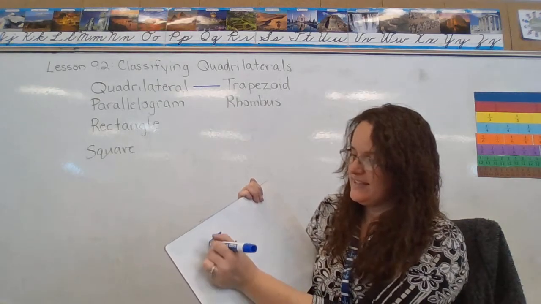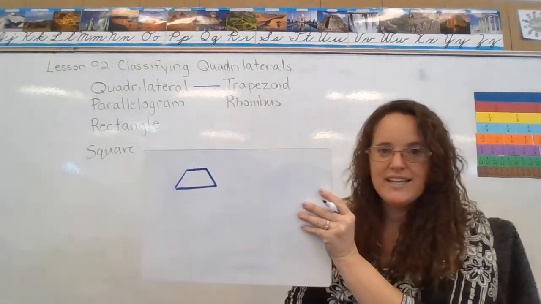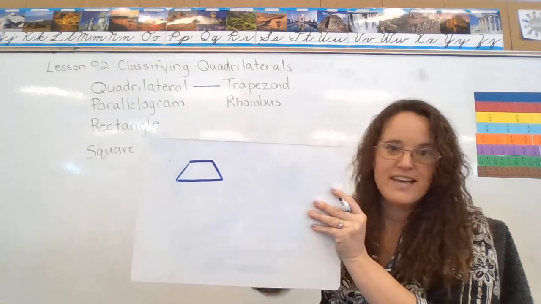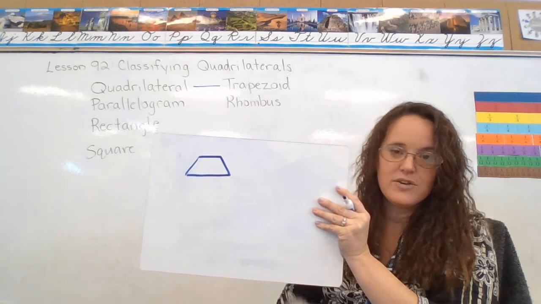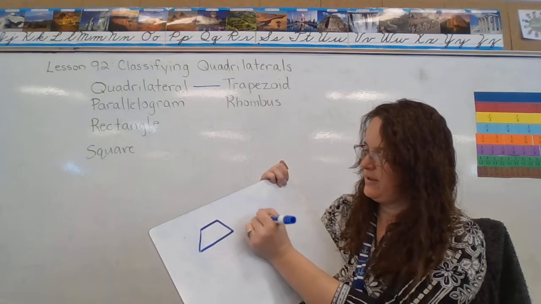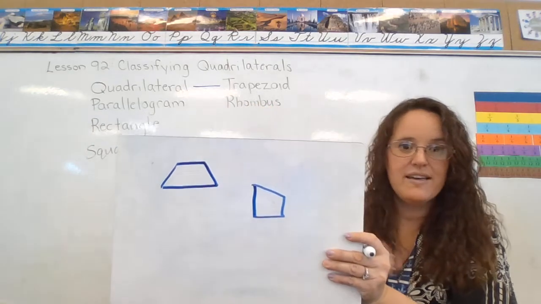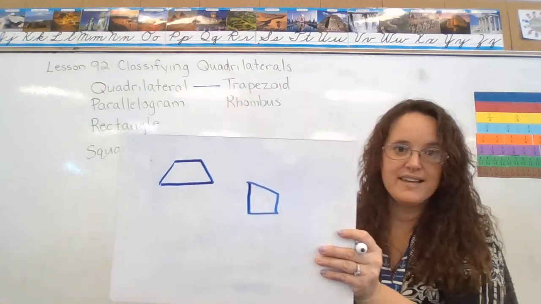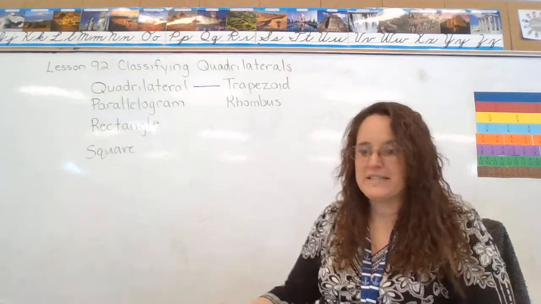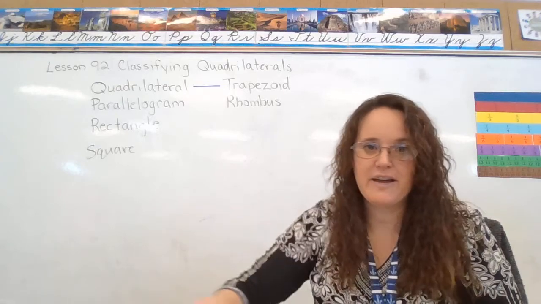So this is the most typical trapezoid that you will see, because it has one set of parallel sides, but the other set are not parallel. So that's one example of a trapezoid. That other picture that I had before, that's also a trapezoid because I have one set of parallel sides and one set that are not parallel. So trapezoid is another specific type of quadrilateral where one set of its sides are parallel.